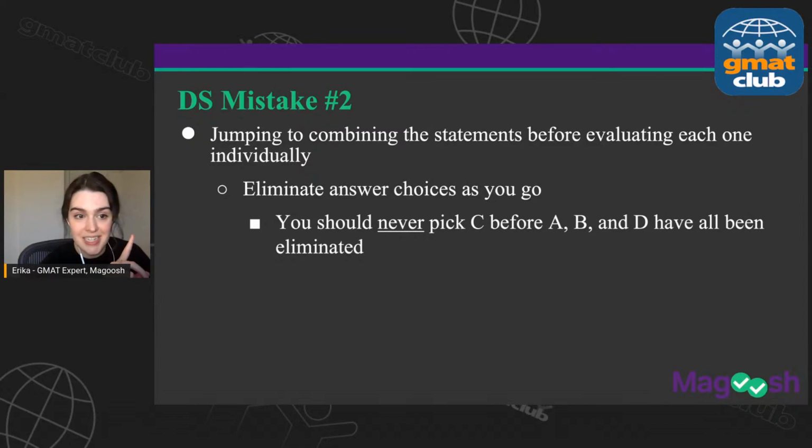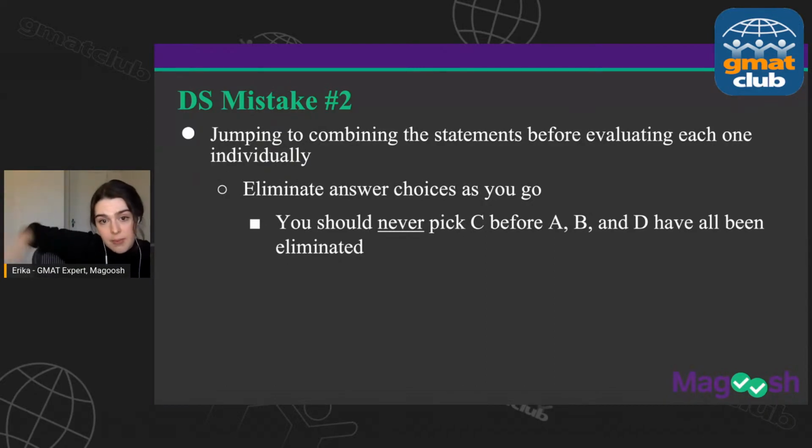All right. So a good process of elimination with your answer choices here helps you avoid this sort of mistake. Again, very dependent on the format, the structure of the question. So I've been kind of hinting at this, but this is a good rule of thumb. If you are picking the answer choice C before you have ruled out, crossed out A, B, and D, you are making a mistake. A really good tip that I have is on my scratch pad, I like to make little columns for A, B, C, D, and E when I'm doing data sufficiency.